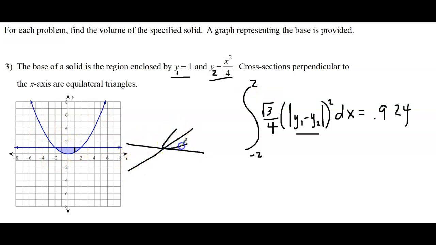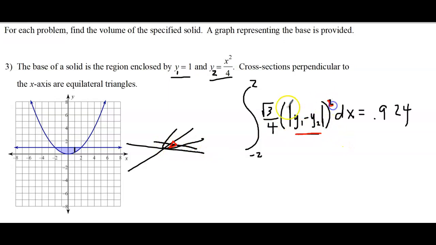So once again, that's going to look something like this. And where this is the bases. So this here would be the base of an equilateral triangle. And then we're going to stack it on top of there, right? And the base of that equilateral triangle is y1 minus y2.